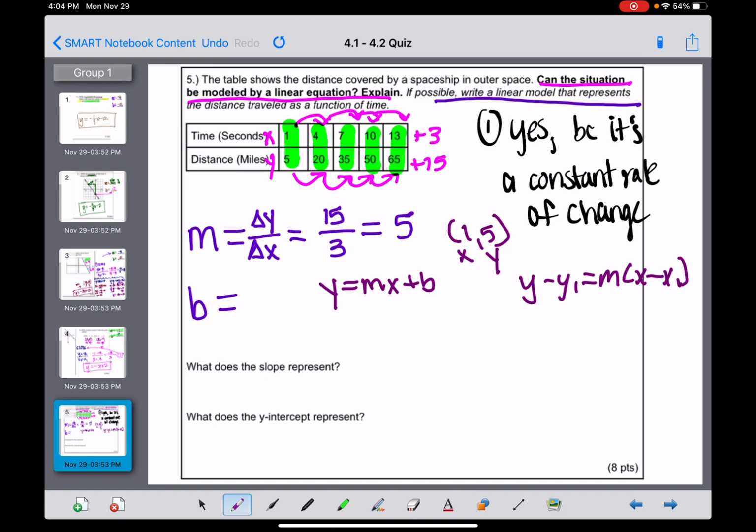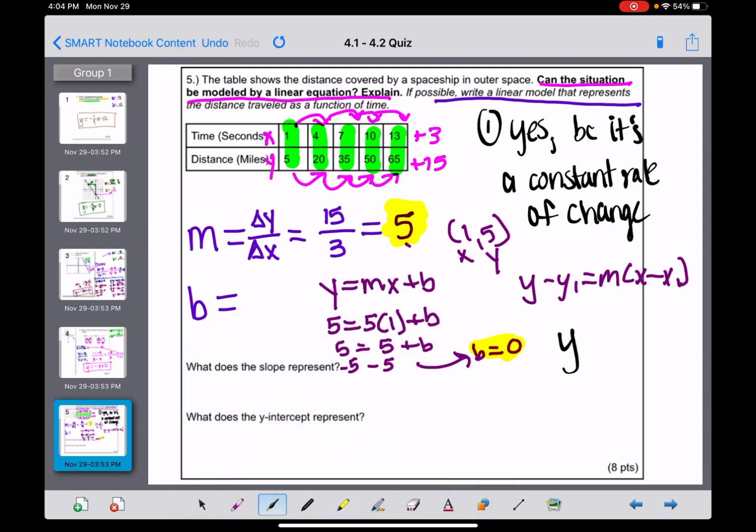So I have a y value of 5, an m value of 5, and an x value of 1. 5 times 1 is 5. I subtract 5 from both sides to get a b value of 0. Now that I have my slope and my y-intercept, I can write that linear model of y equals 5x plus 0.